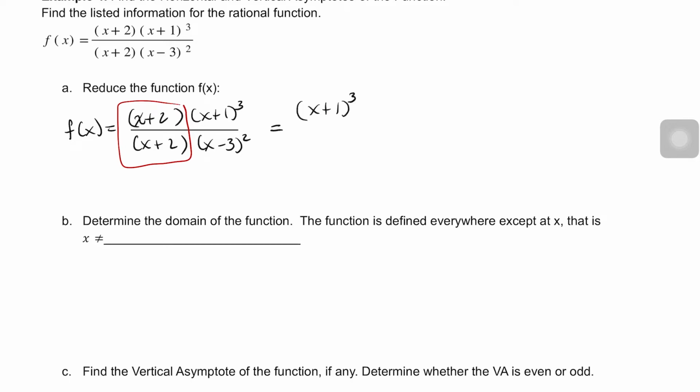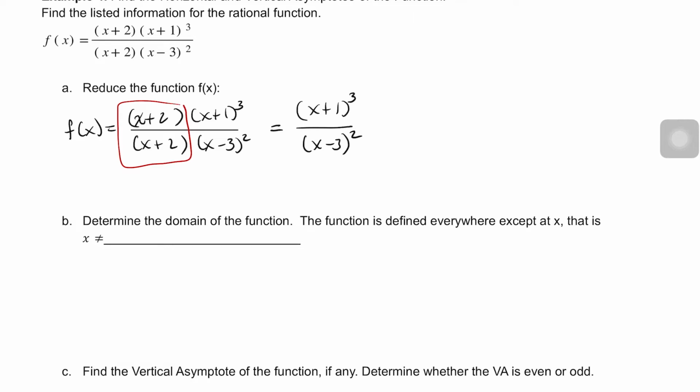So we would get x plus 1 to the third power and x minus 3 all to the second power. This is the reduced form. It cannot be reduced any further, as we can check by counting any common factors.